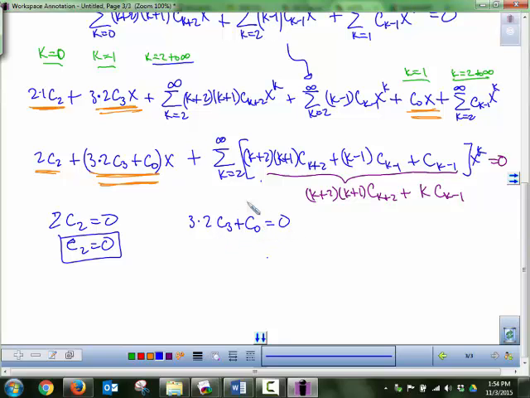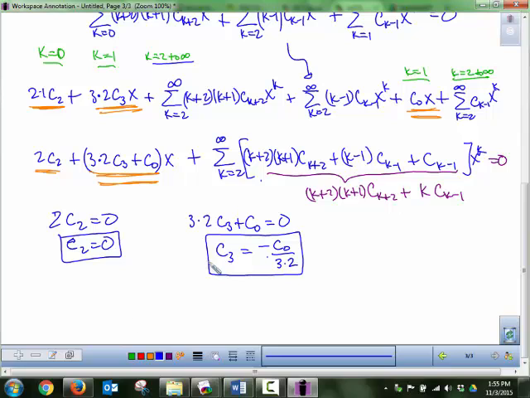And I always want to solve for the bigger one. c sub 3 is equal to negative c sub 0 divided by 3 times 2. So it looks like there was a relationship between c sub 3 and c sub 0. Okay, so those are just from these two.